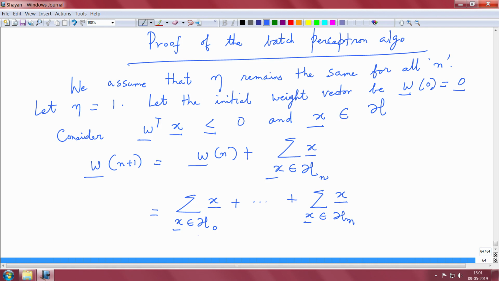So, the set H keeps varying, and that is an important distinction that we have to make when we think about the convergence proof of the batch perceptron algorithm, unlike the perceptron convergence proof where we just looked at the sample point by itself, right. Here it is the set which is changing, and the distinction has to be made very clear.